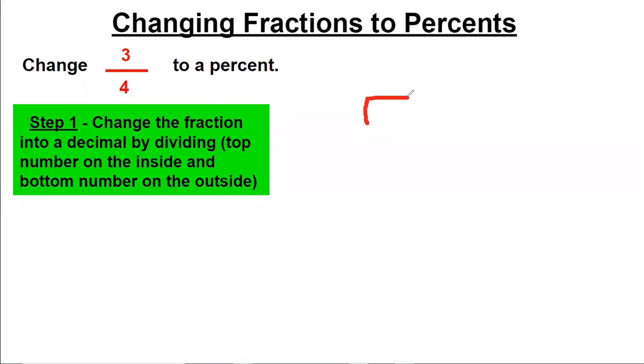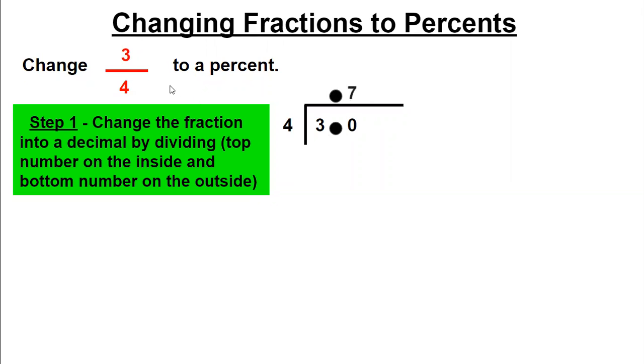We're going to do the 3 on the inside and the 4 on the outside, right? So I'm going to clear because it's going to do it for us. So the 3 on the inside, the 4 on the outside, put my decimal point, put my 0, put my decimal up above there. And now I just divide like it's 4 divided into 30.